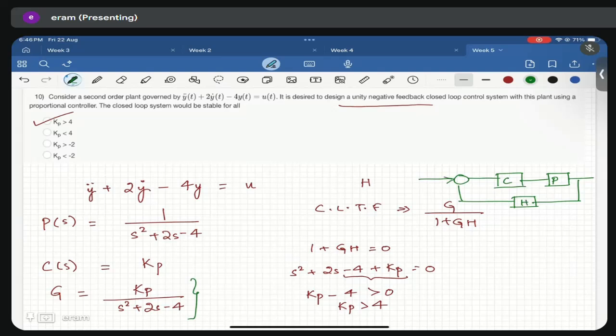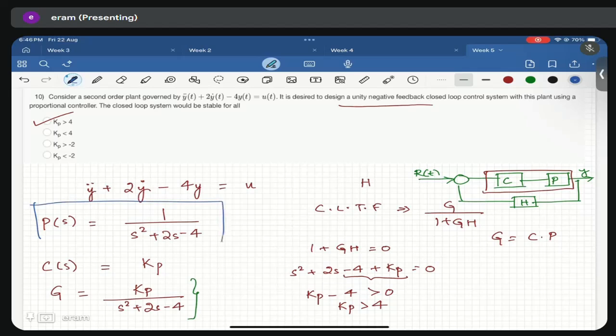Here we have the input R(t), and here is the output Y. So G, if we need to find out, is nothing but the forward path transfer function, which is C into P. P in our case is this one and C is Kp.